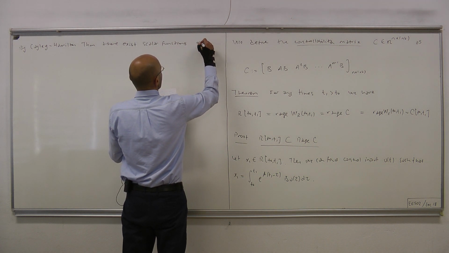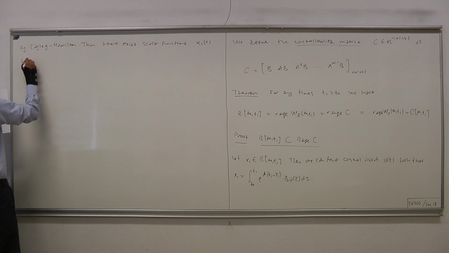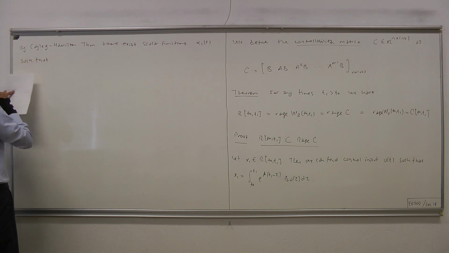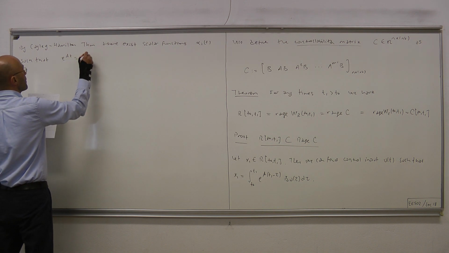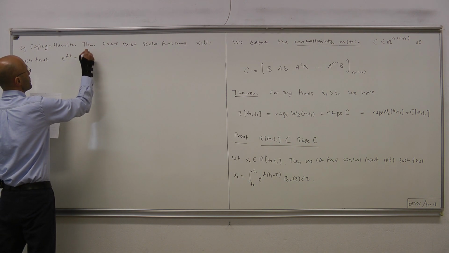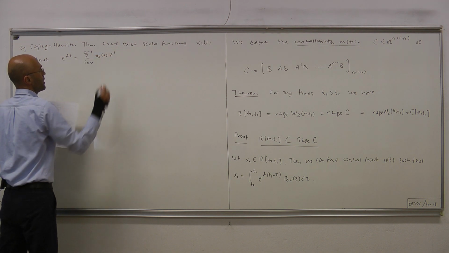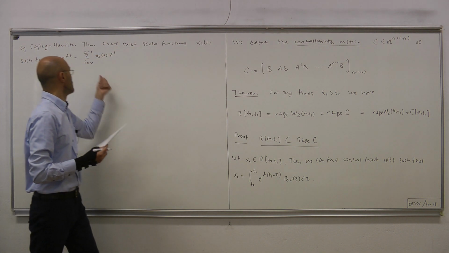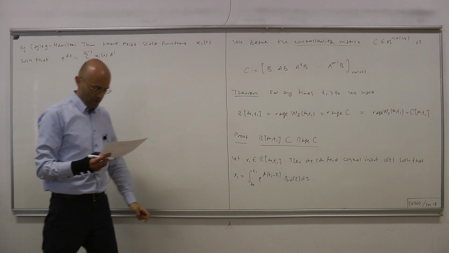Functions alpha i of t such that e to the At equals the sum for i equals 0 to n minus 1 of alpha i of t times A raised to the power i. And by definition, the 0th power of any square matrix is the identity matrix.